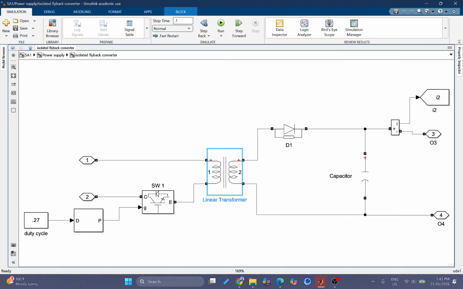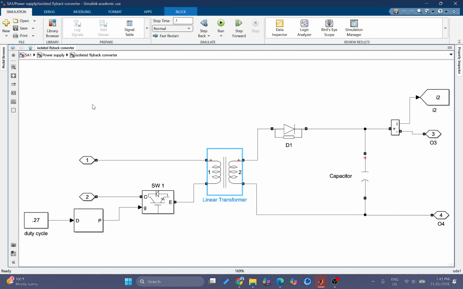Then voltage scaling is easier while we use the turn ratio and avoid series connections of the output. So for this transformer, a 4:1 transformer turn ratio is selected to limit the switch stress.